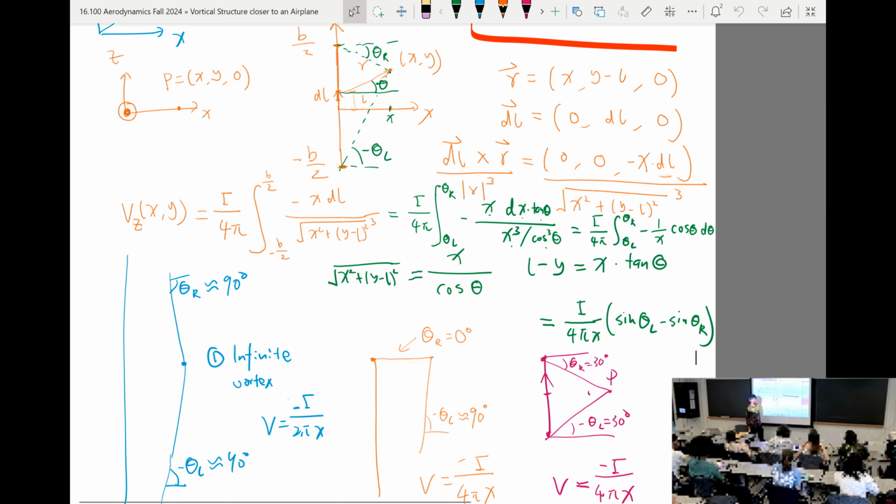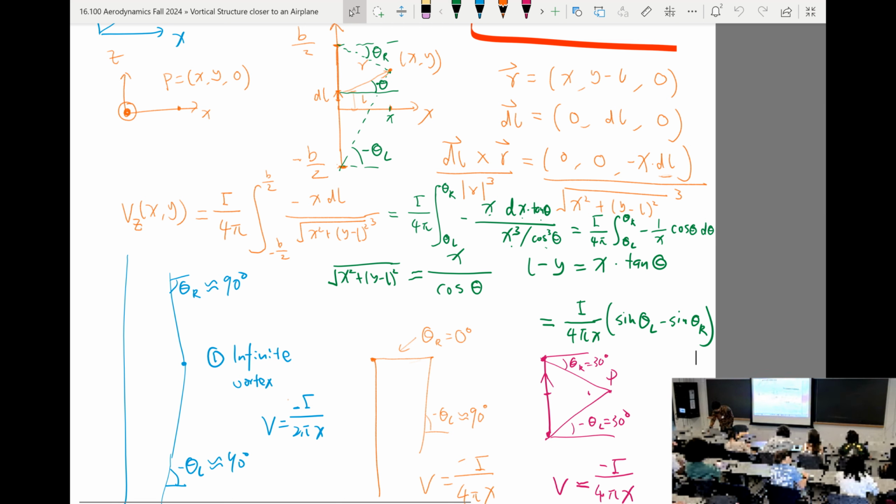Is this because the magnitude is gamma over 2 pi, right? It's gamma over this 4 becomes 2 after cancellation with this. And x is what? x is the distance from the observation point to that infinitely long vortex, right? So in 2D, that's going to be exactly this formula over here. Okay, good.